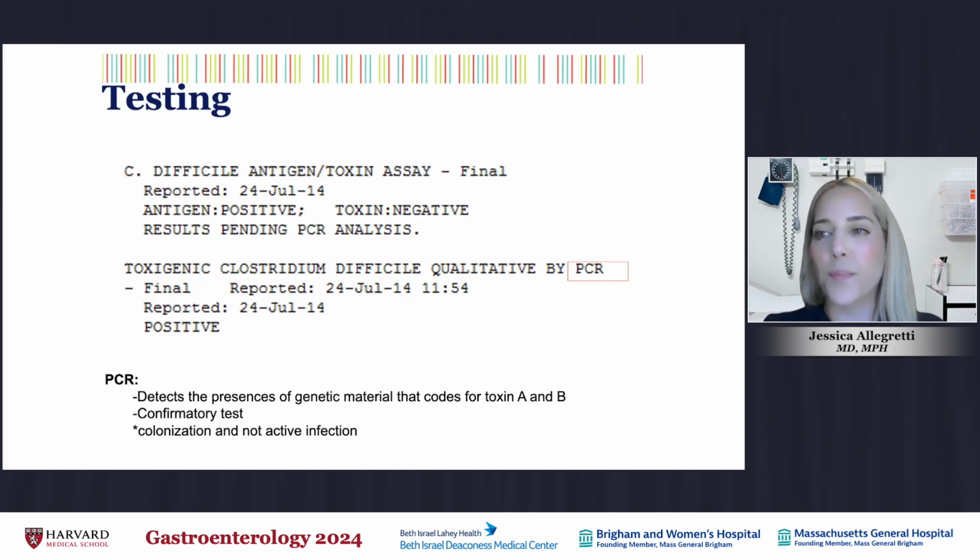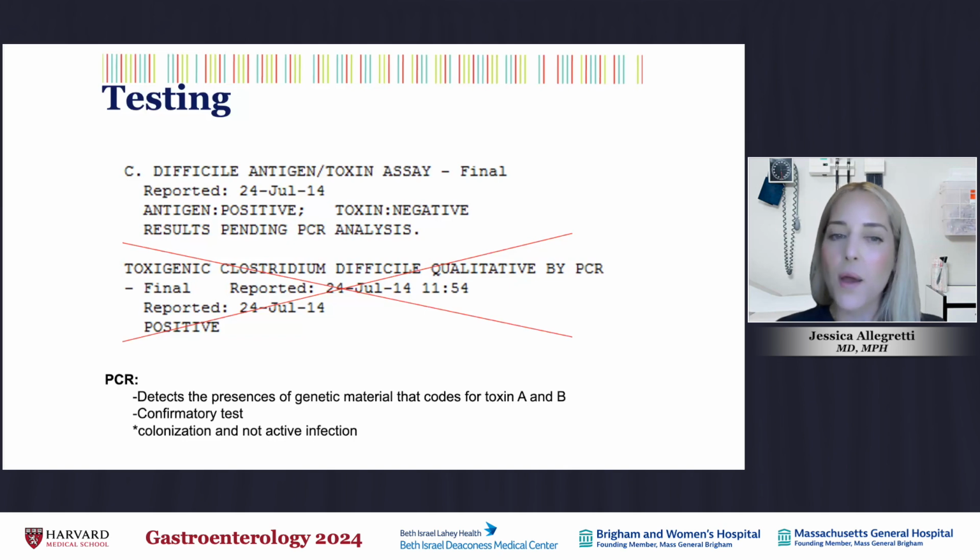So it is telling you about the presence of a potentially toxigenic organism. It is not telling you about the presence of toxin. And so if you only have a PCR test in front of you, you cannot distinguish colonization from active infection. And so at my institution, for example, we've completely gotten rid of PCR testing because we don't find that it actually provides any additional information.